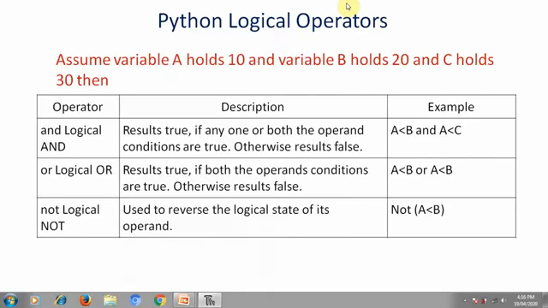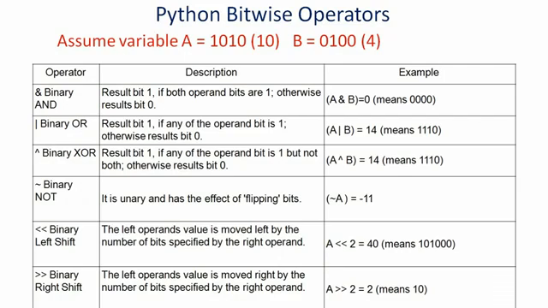The next type of operator is the bitwise operator. Bitwise operators work on bits and perform bit by bit operation. Here we assume the variable A as 1010, that is in decimal the number 10, and B equal to 0100, in decimal the number 4.